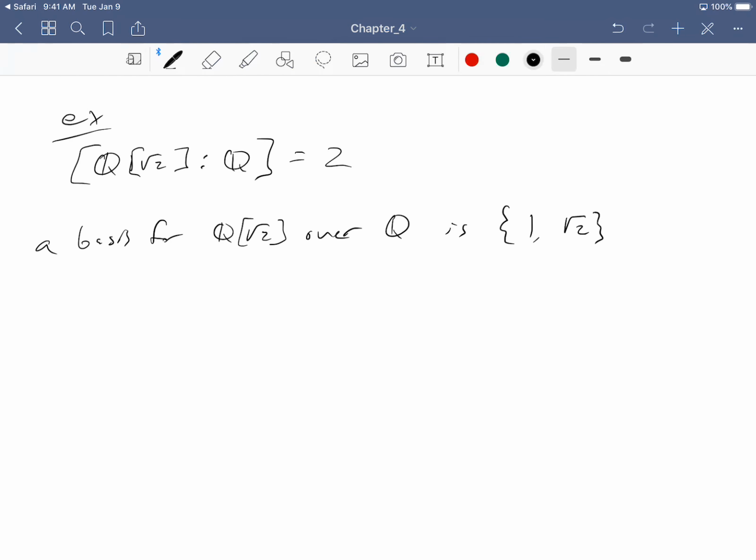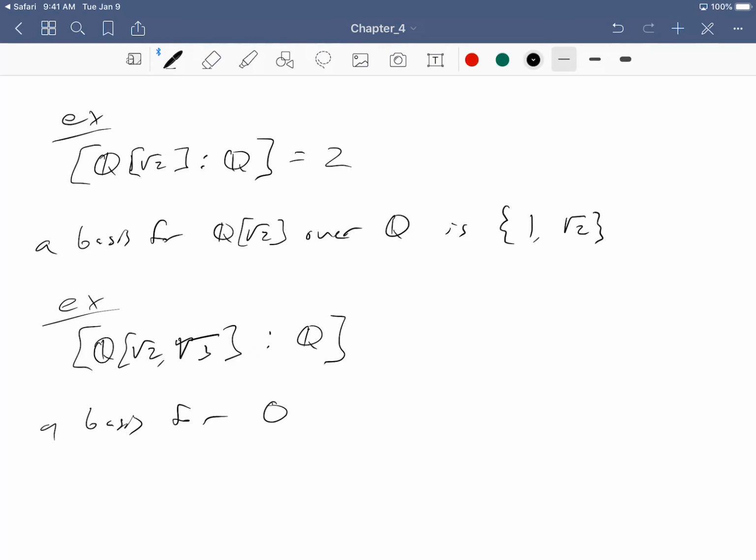Okay, let's do our Q adjoin root 2, root 3 over Q. So again, I want to think about a basis for Q(root 2, root 3) over Q. And we've done this before.